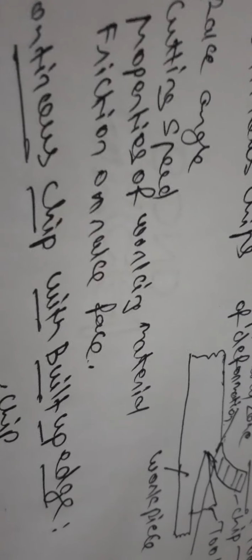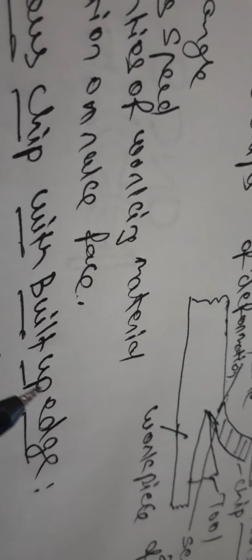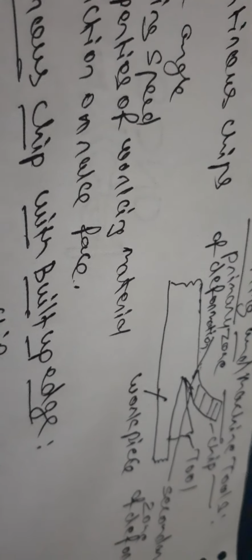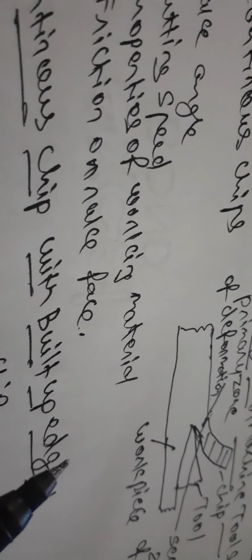And work material: the size of the primary zone depends upon the following properties of work material, that is strength, strain hardening, strain rate and heat conductivity. And the next one is friction on the rake face. The size of both primary and secondary zones of deformation increases due to the increase in friction between the chip and the tool rake face.